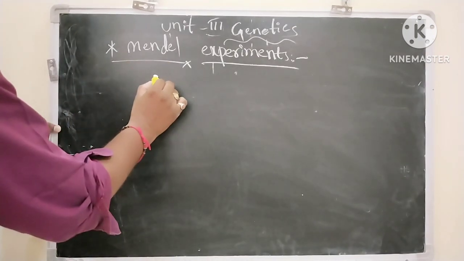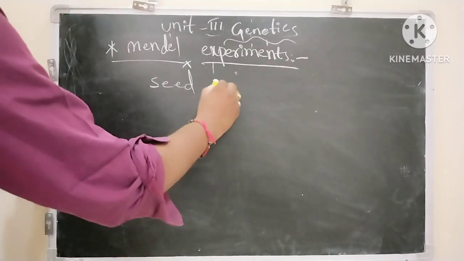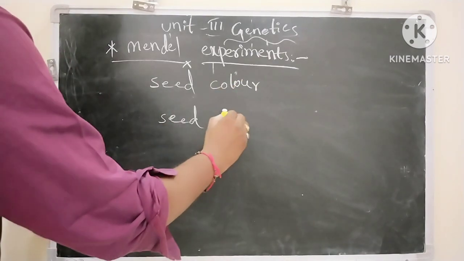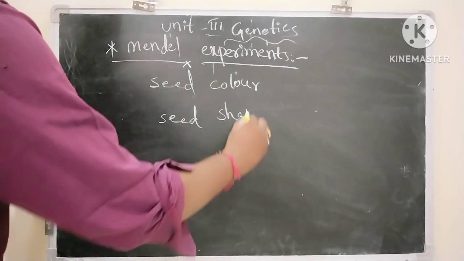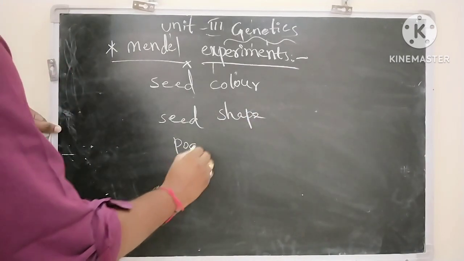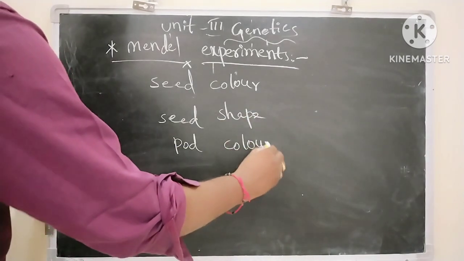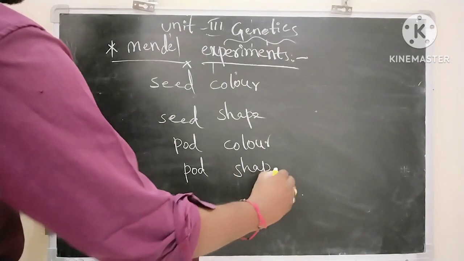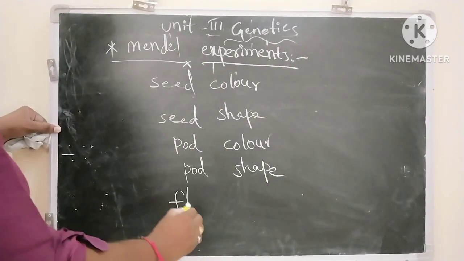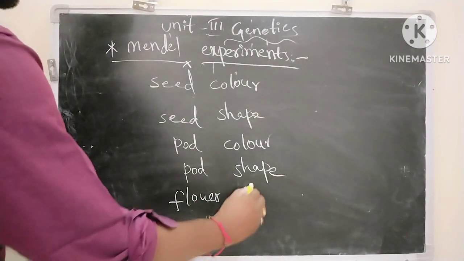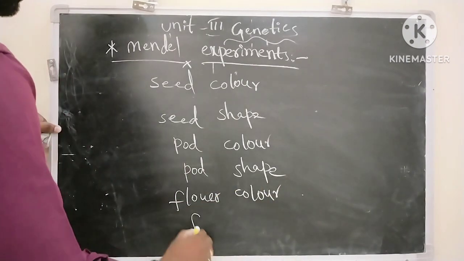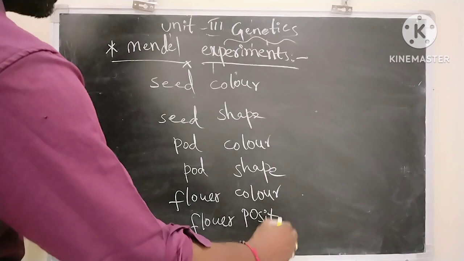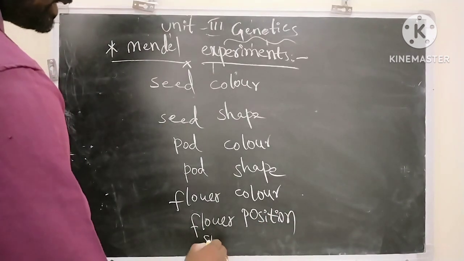First one is seed color, seed shape, pod color, pod shape, flower color, flower position, and finally stem length.